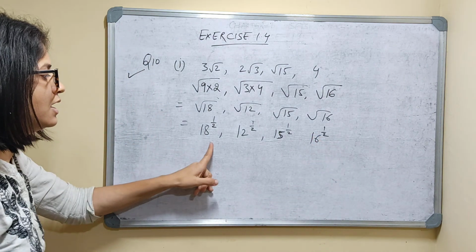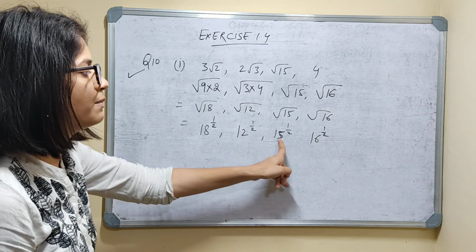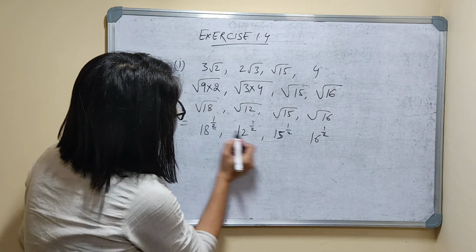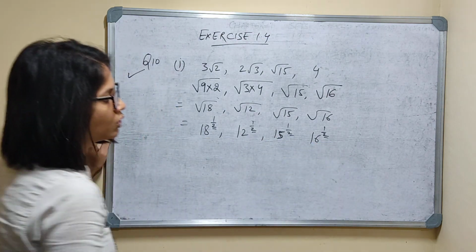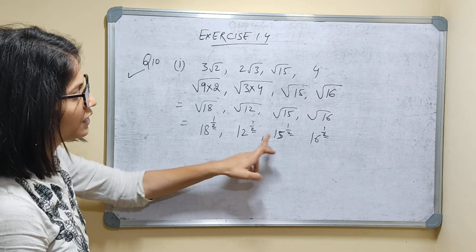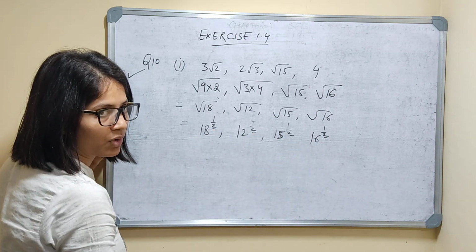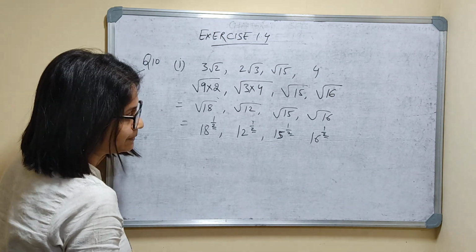Now you can see everyone's power is 1 by 2. Now you can take the LCM of all the denominators of the powers. So 2, 2, 2. So LCM will be what? 2 only.